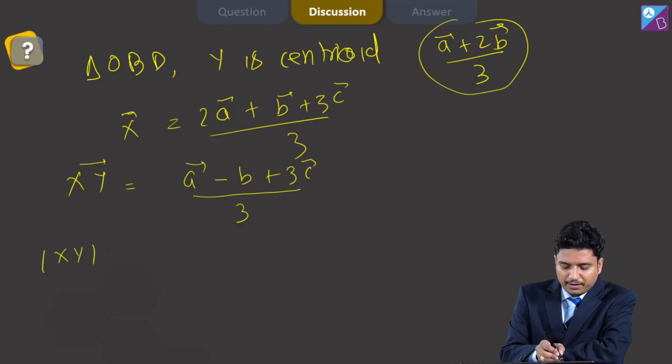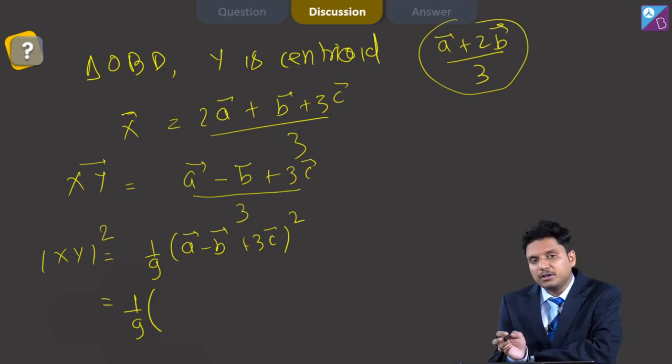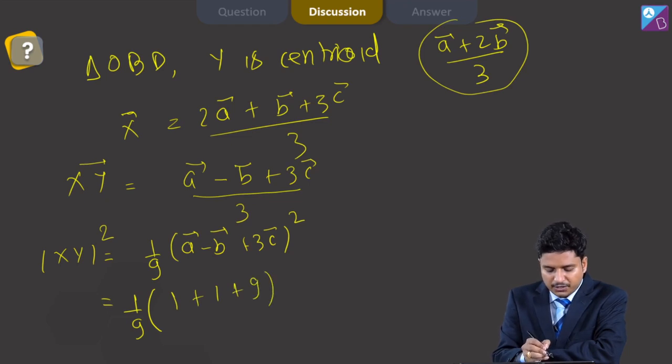Mod of XY whole square will be equal to 1 by 9 times (A minus B plus 3C) whole square, that is the dot product. A dot B, B dot C, everything is going to be 0 only. So it will be A dot A, which is 1, B dot B, which is 1, and 9C square, which is 9. So 9 plus 2, 11 by 9. So mod of XY square is equal to 11 by 9.